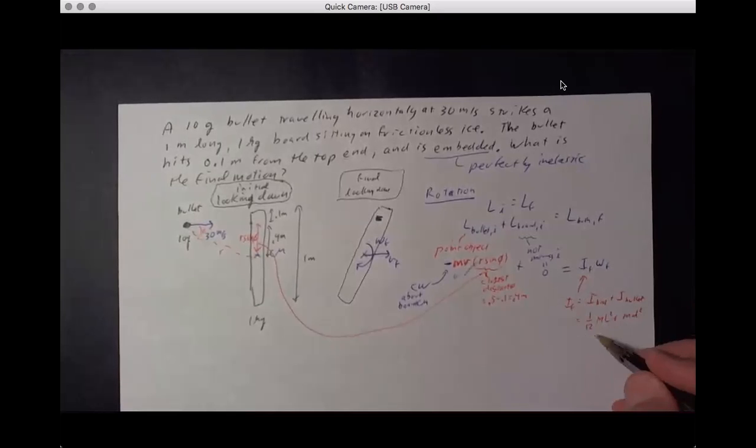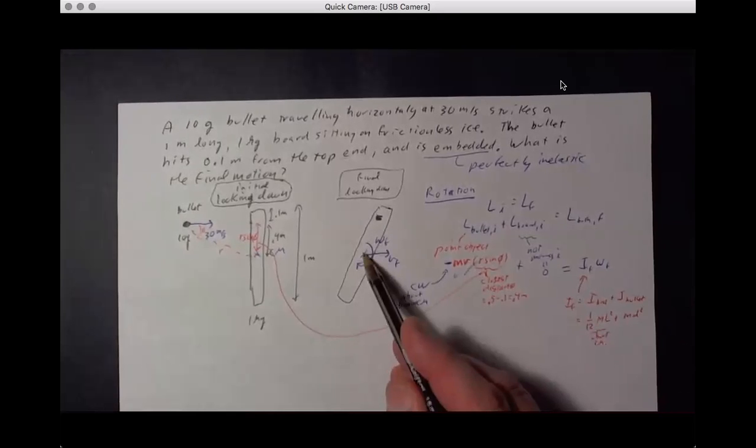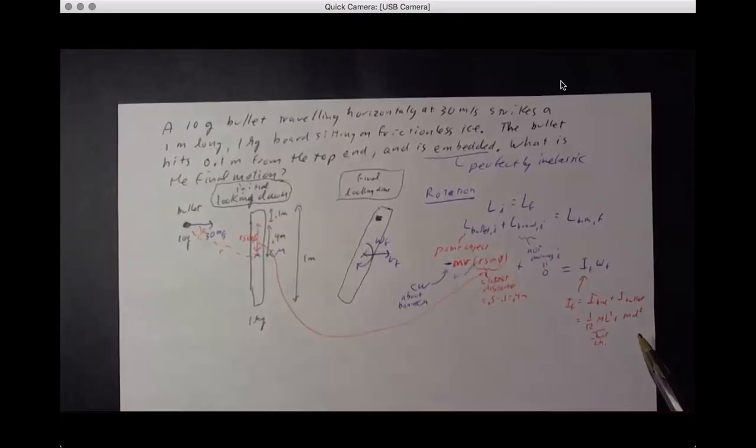So this here is about the center mass of the board. Now you might argue that, well, when we put the bullet in here, moving the center mass ever so little bit away from that, that's a really, really small effect because the mass of the bullet is so small compared to the mass of the board. We're going to neglect that because it would really wash out in the number of significant digits we keep.